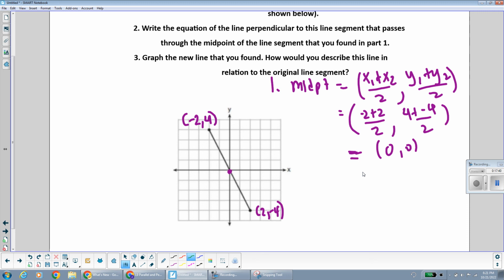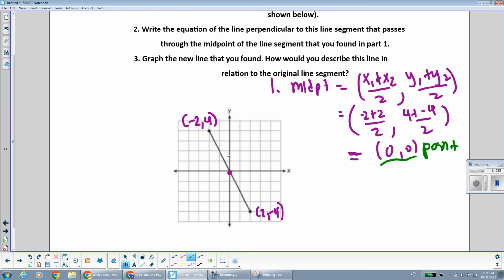So we know how to write the equation of a line, especially in point slope form. We have our point, that's our midpoint, that's the point we're going to be using here, and we just need our slope. Unfortunately, we don't have the equation of a line to get the slope from, but what we do have is 2 points. So I'm going to go over here on the side, and I'm just going to find the slope of the 2 points.